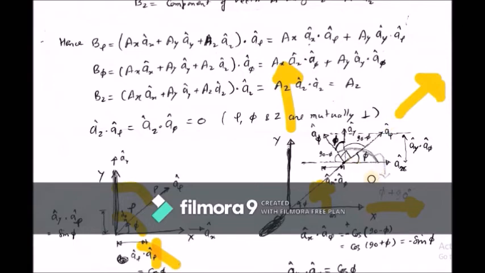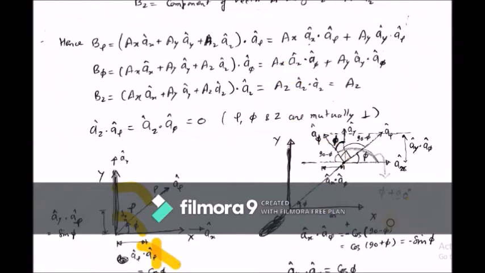You know that a phi and a rho are mutually perpendicular, that is, the phi axis and rho axis are orthogonal to each other. So a phi and a rho will be perpendicular, and this is the angle. So this line is your a phi direction. This is your ax, this is your ay, this is your a rho, and perpendicular to this a rho in the anti-clockwise direction, this is your a phi direction.